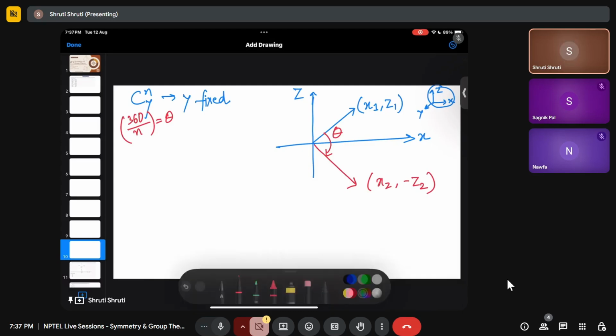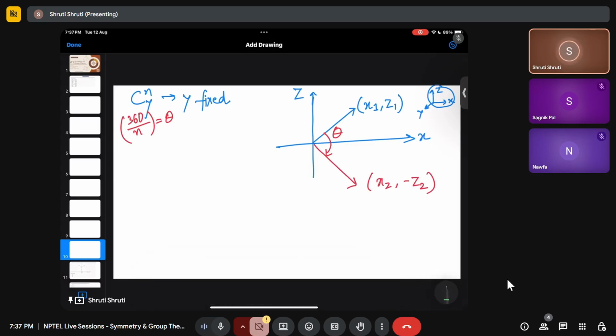Now what is this? If I draw the projection of this over here, what will it be? Take the length of the vector as L. Okay, so x1, which is this point, how will you write x1?